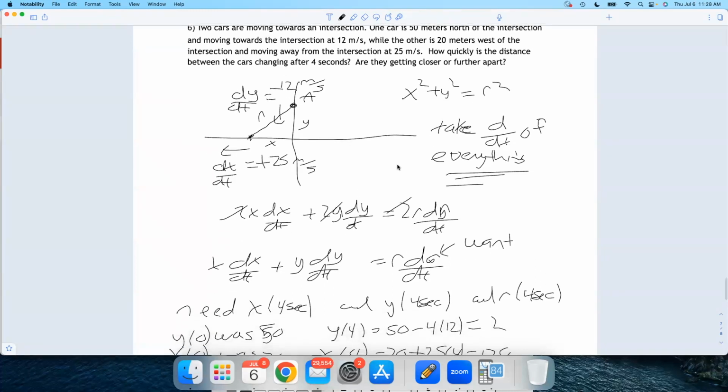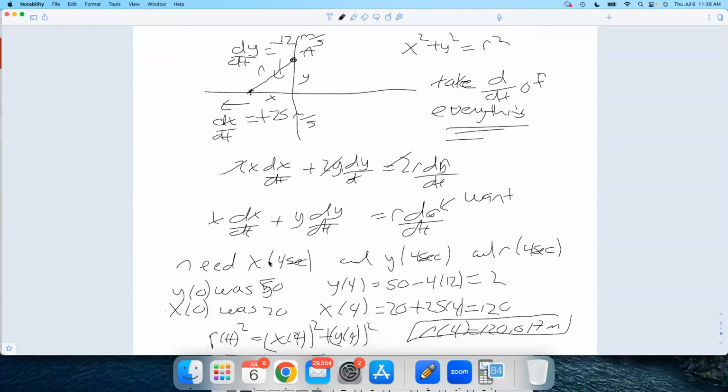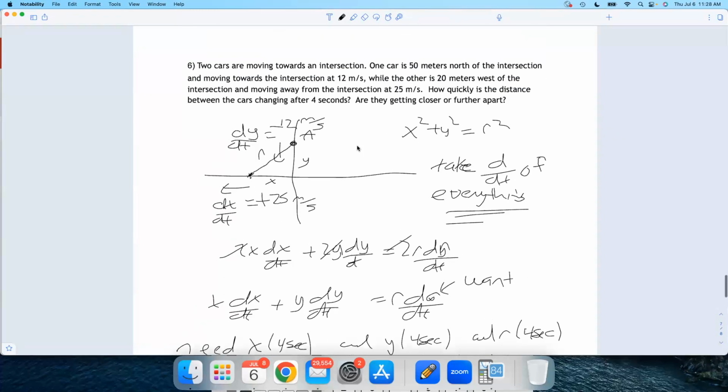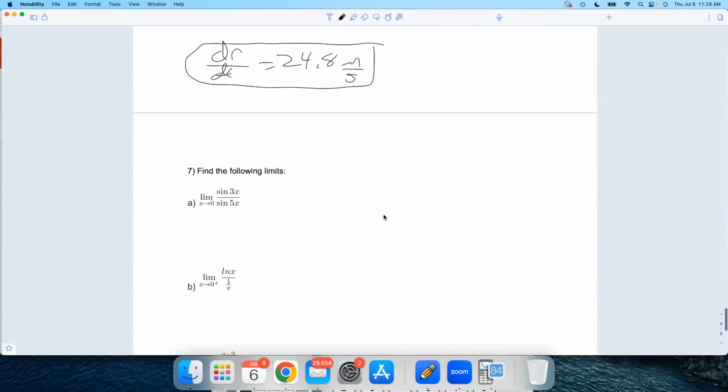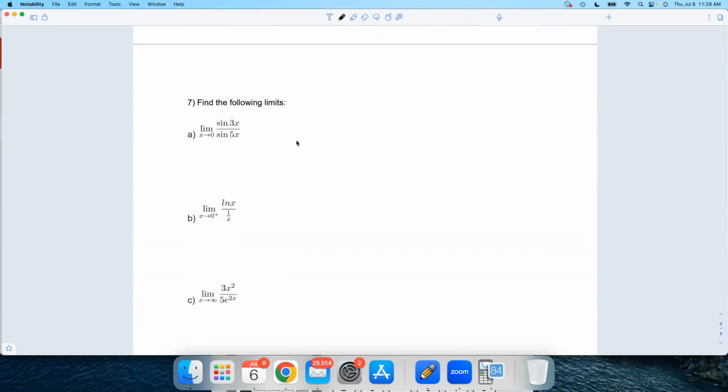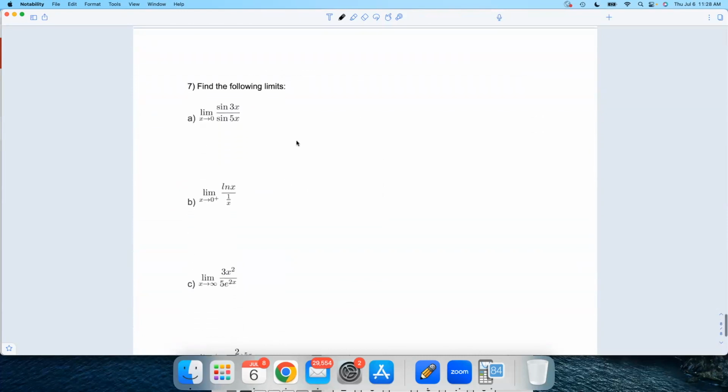Sometimes they'll give you a time like they did here. Other times they'll say, how quickly is the distance changing when x equals 7? They'll give you an x or a y value, and you have to find the other two guys at that spot. Okay, now a bunch of L'Hopital's problems, and then we're done.